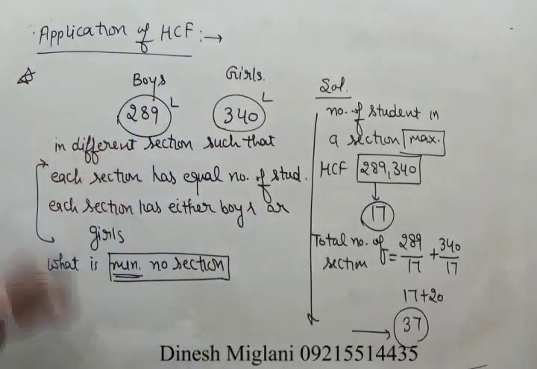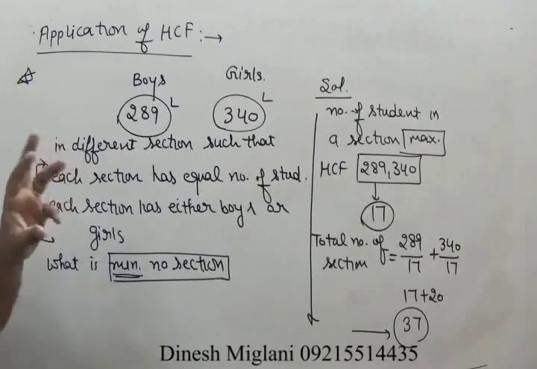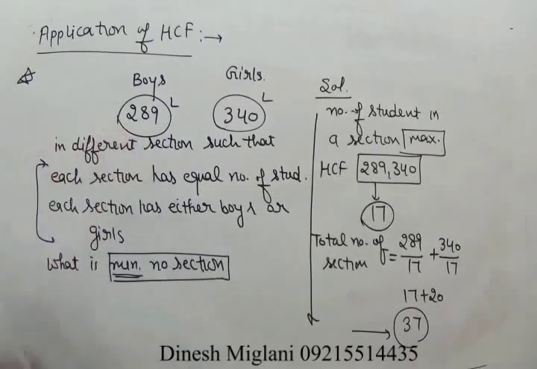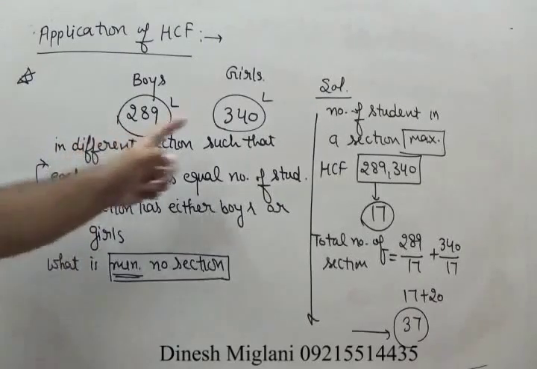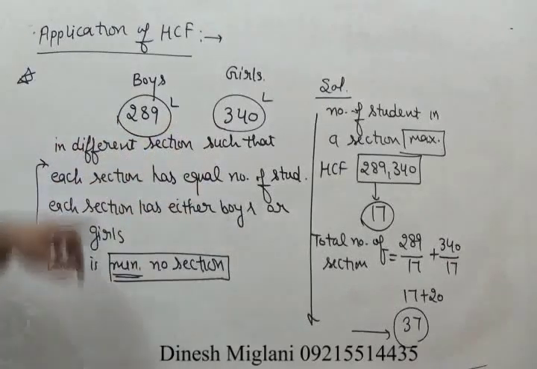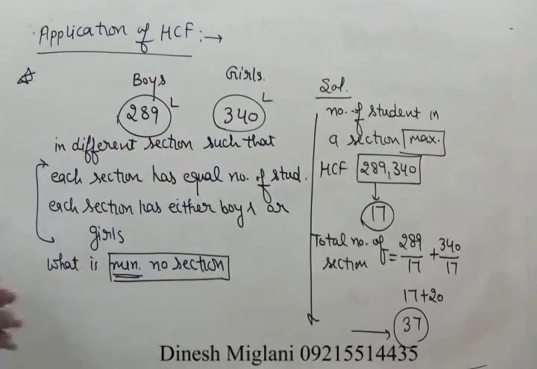You have to measure the milk, and the maximum measurement has to be used. What could be the total number of measurements? So we take the HCF, which is 17. Measuring 17 times or 20 times, I may say 37 times is the minimum requirement so that the whole milk can be measured.